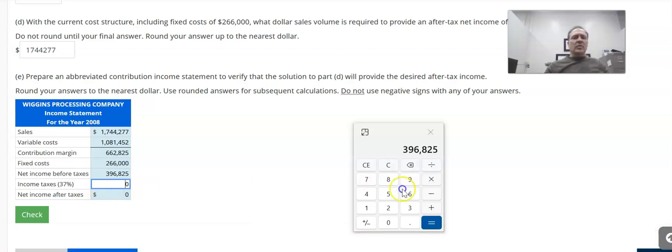Income taxes, all we have to do now is use the 37%. So we're going to multiply that by 0.37. And let's see here.